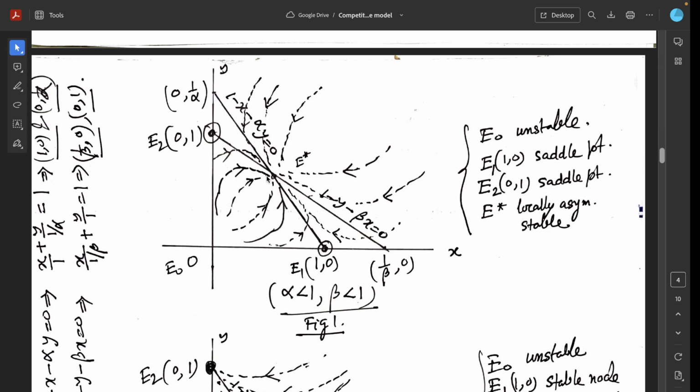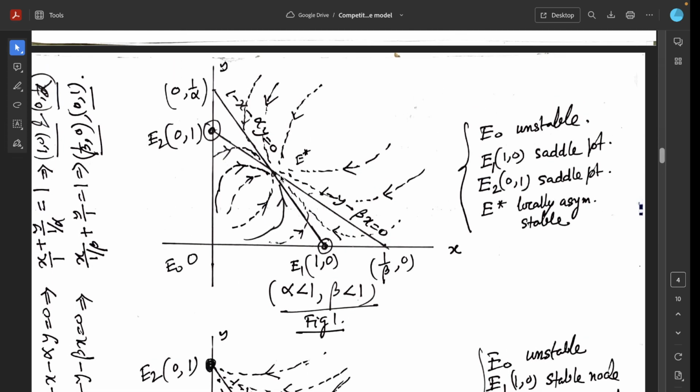So all trajectories go to this point E star as time t tends to infinity. Only the interior equilibrium point E star is stable here. As t tends to infinity, both densities x star and y star exist and are stable.